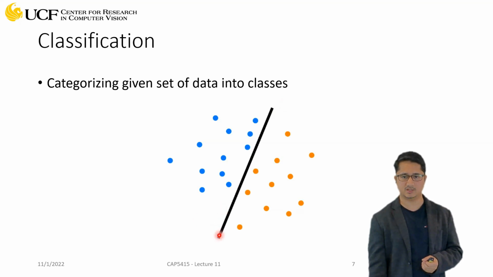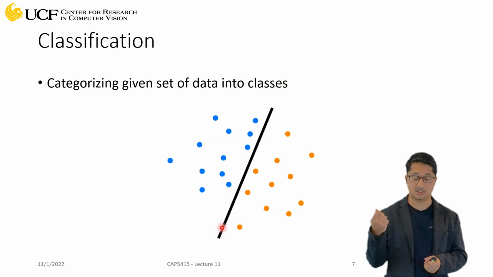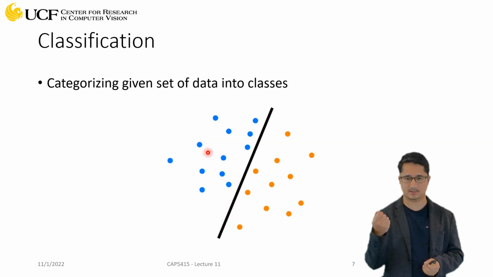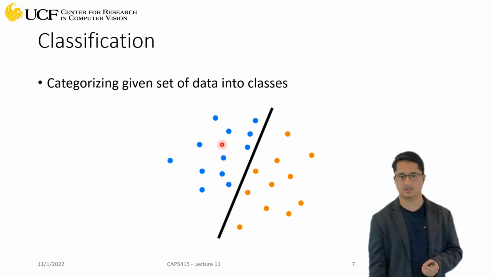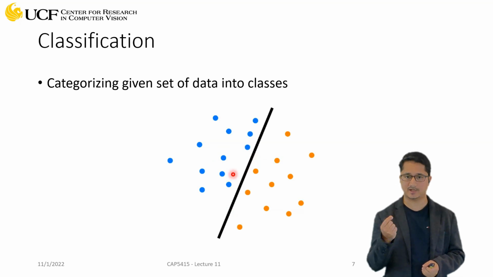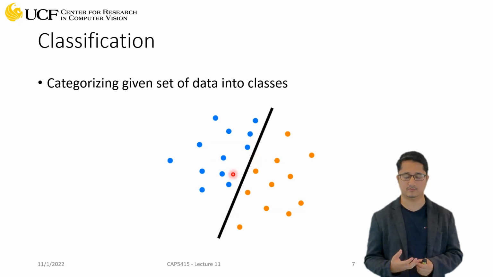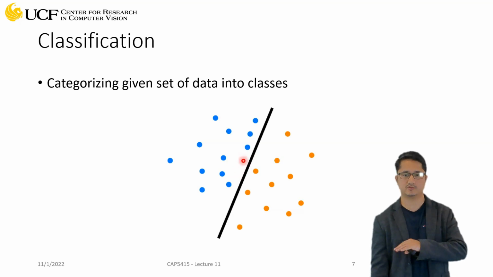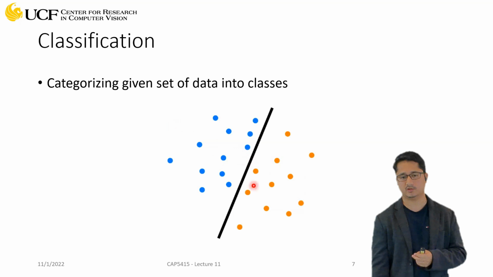And if you have that equation for this line, that equation can serve as a classifier. Then you can put each of these points in that equation of the line, and depending upon the sign of the resultant value, you can estimate whether that point is towards the blue side or towards the orange side. And if the point is exactly on this line, then you will get a perfect 0.